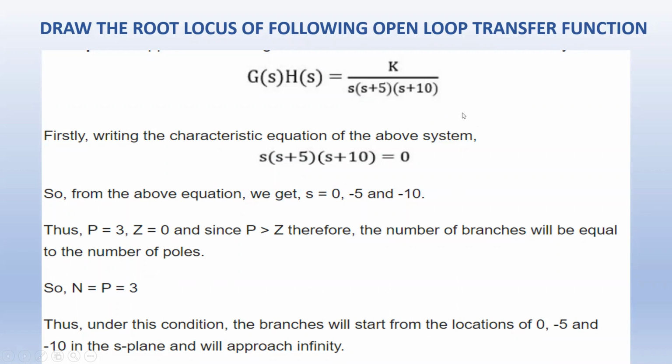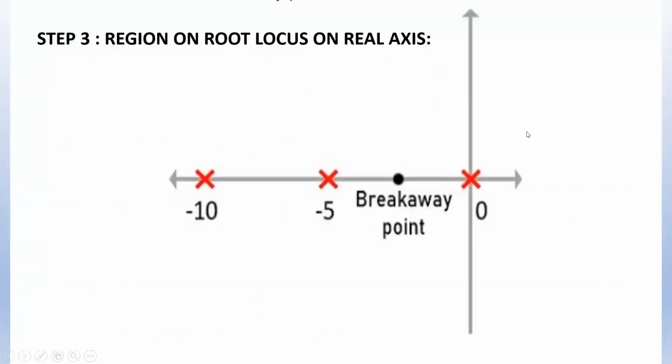So all three branches of this root locus are going to infinity. From rule 1 and rule 2, we can say that the root locus will have three branches, and all three branches are moving towards infinity.